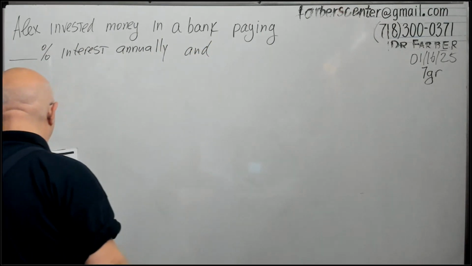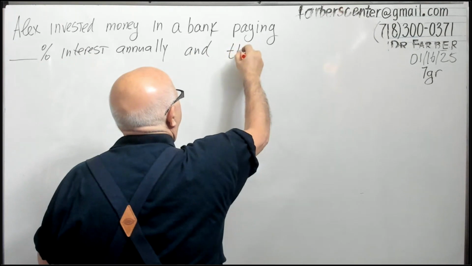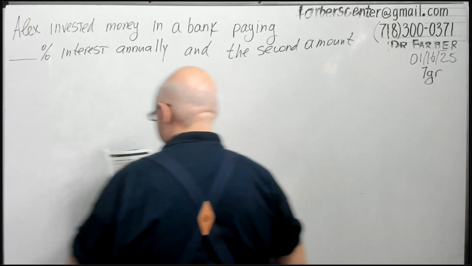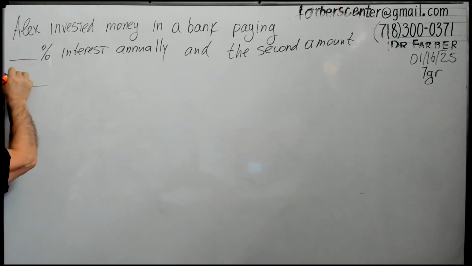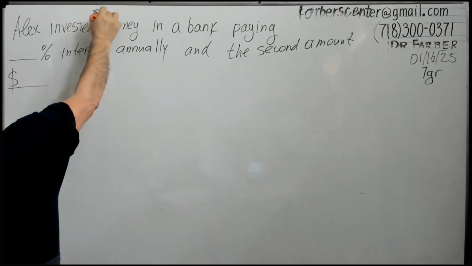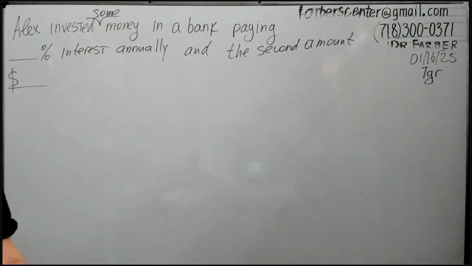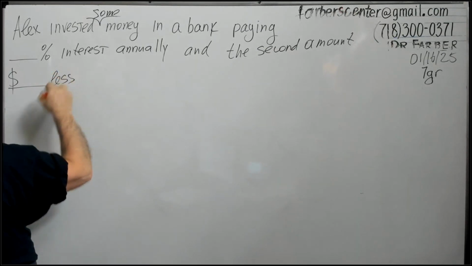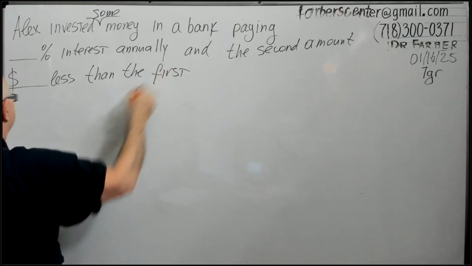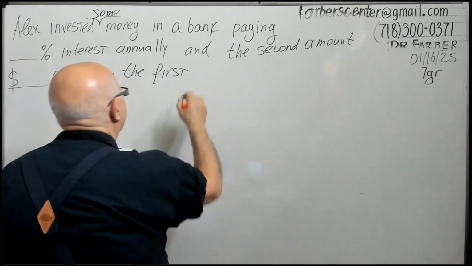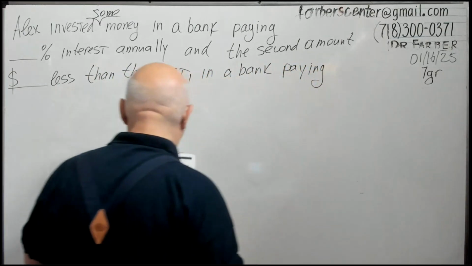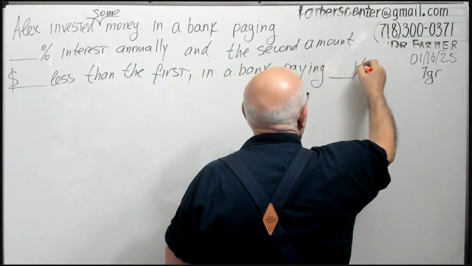And the second amount, blank dollars, let's say put here some money, blank dollars less than the first, in a bank paying blank percent interest.